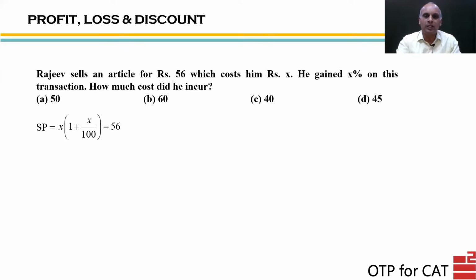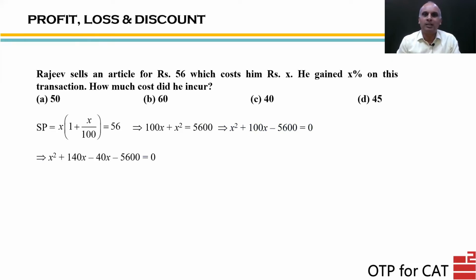And then if we solve this, I will get a quadratic equation after shifting the terms. So what I get is 100x plus x square is equal to 5600. And this gives me this equation. And splitting the middle term, in the quadratic equation, we get x square plus 140x minus 40x minus 5600 equal to 0.